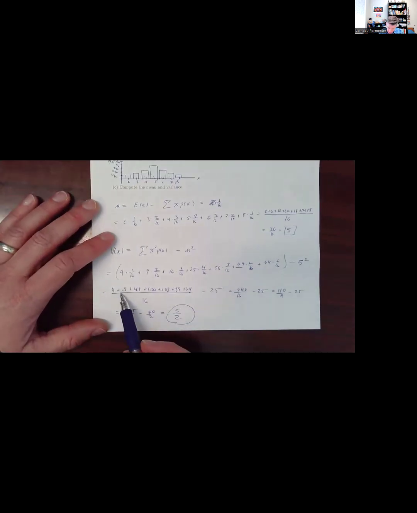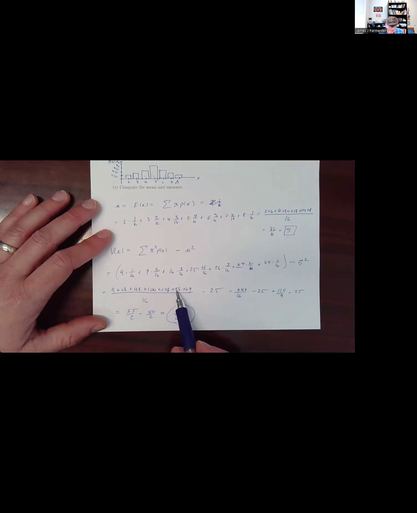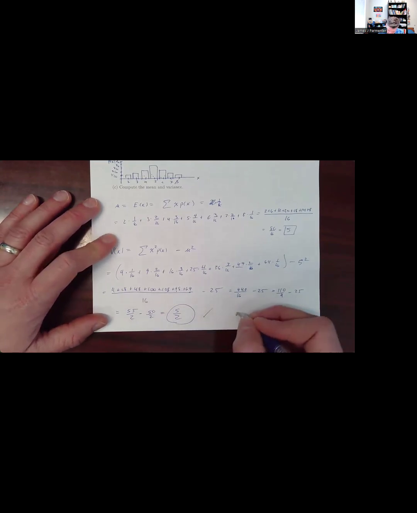The top, I believe, adds up to 440, double check. 22 plus 48 is 70, 170, 278, plus essentially 100 minus 2, so 378, minus 236 plus 4 is 380 plus 60 is 440. Reduces to 110 over 4, and then the standard deviation would be the square root of that.